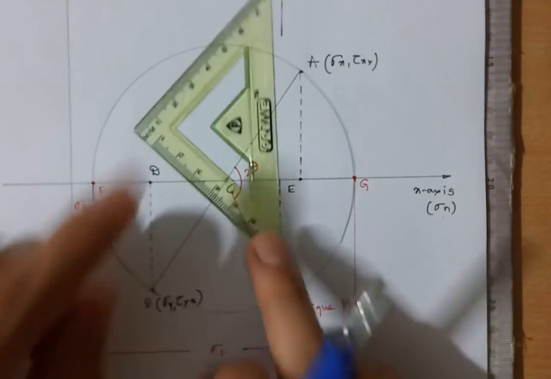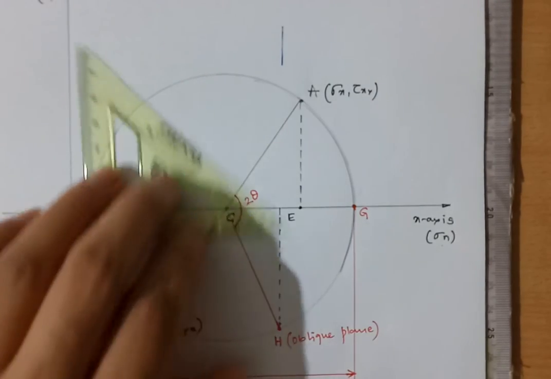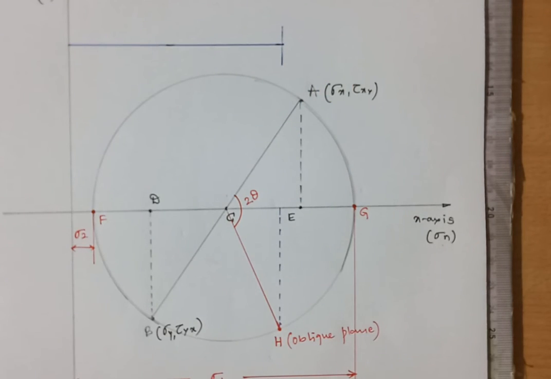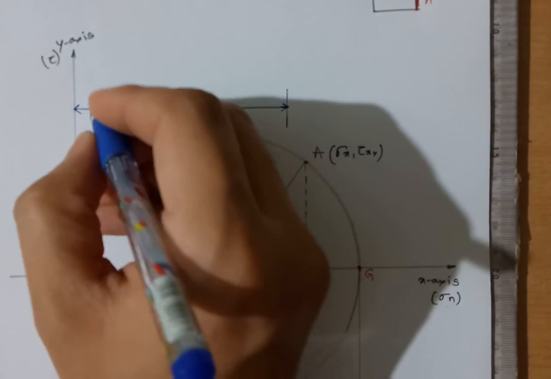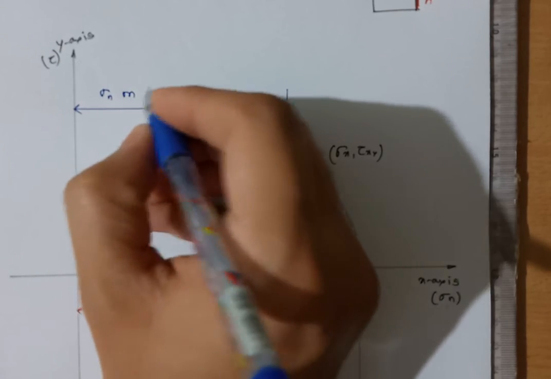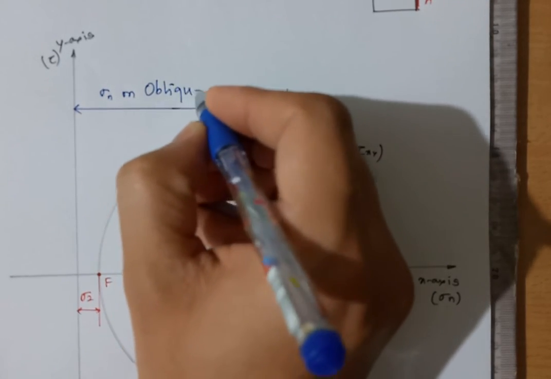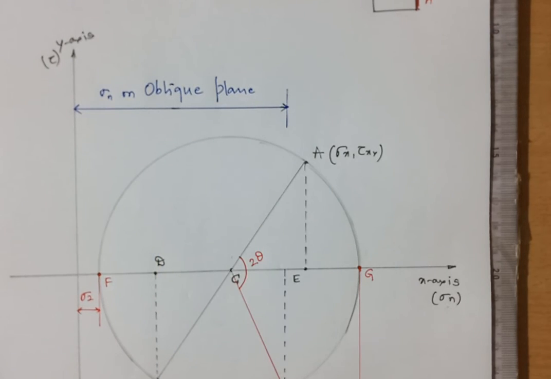What I have done is take this perpendicular and extend it here. So this is the value of normal stress on the oblique plane, sigma n on the oblique plane, right?